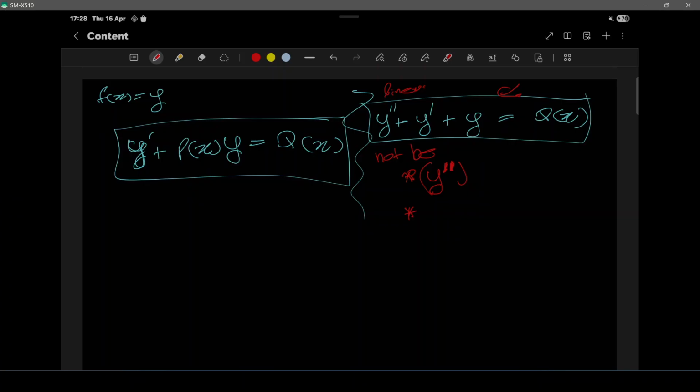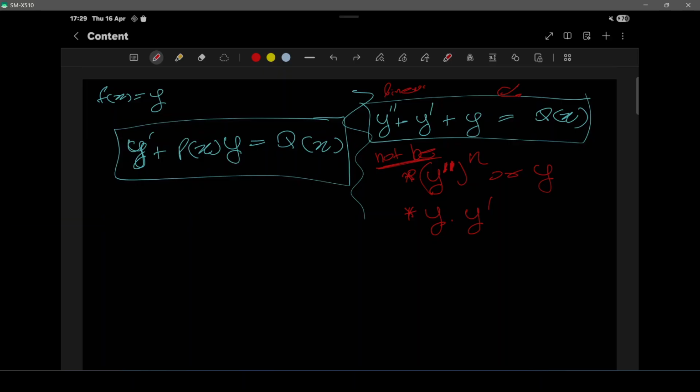And there are no products between y and its derivative. It should not be powers of the derivative or of y. We can simply consider y as the zero derivative, and no multiplication between two y terms.